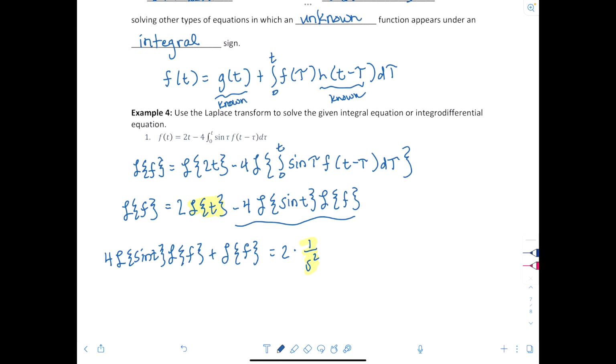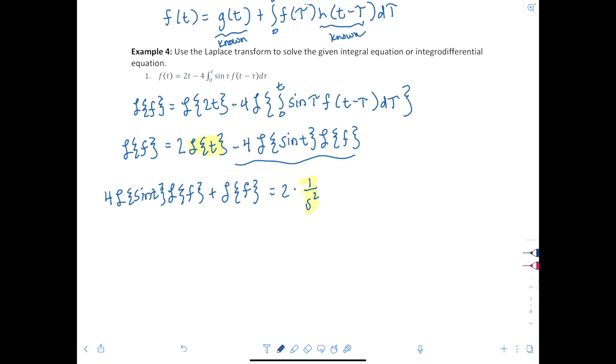Cool? And now let's take a look at what's happening over here. We'd have 4 times the Laplace transform for sine t. We've got sine of 1 times t, so k is 1. So we'll have 1 over s squared plus 1 squared, so s squared plus 1. And then we have this L of f, plus another L of f.